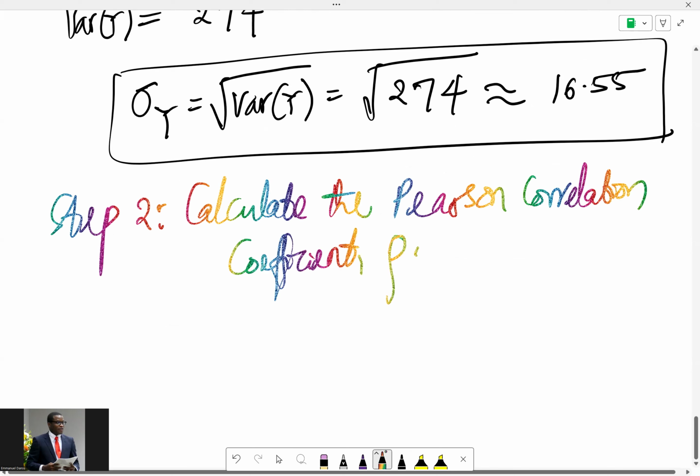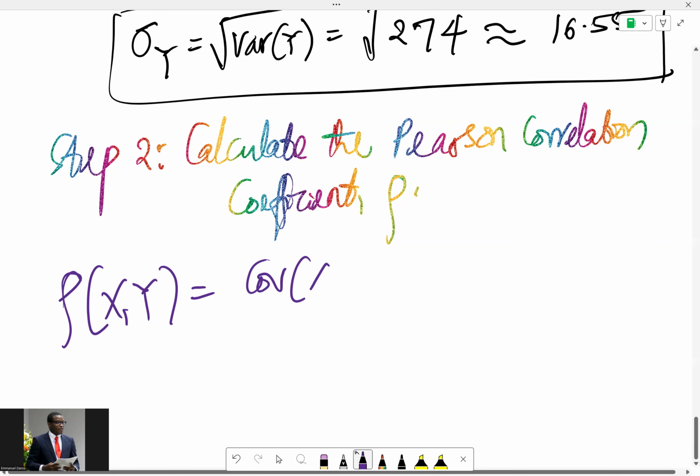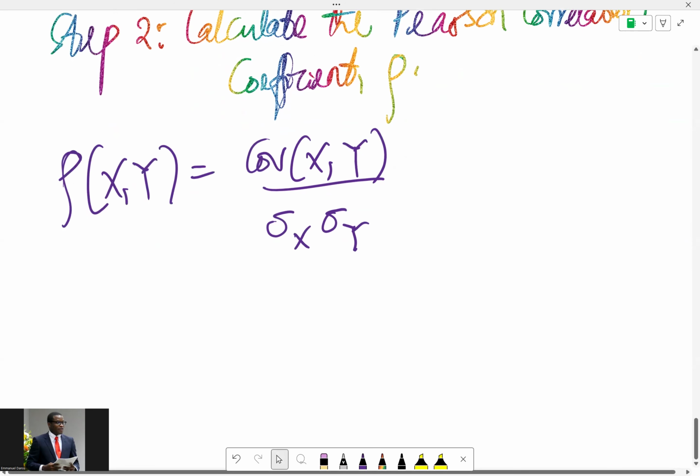Okay. So that's the next one. And what we can do here, we see that that is actually rho of x comma y, which is the same as the covariance of x comma y all over standard deviation of x multiplied by standard deviation of y.